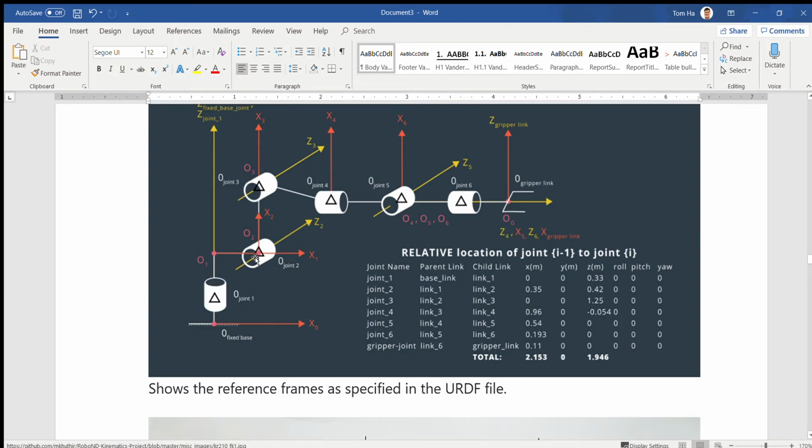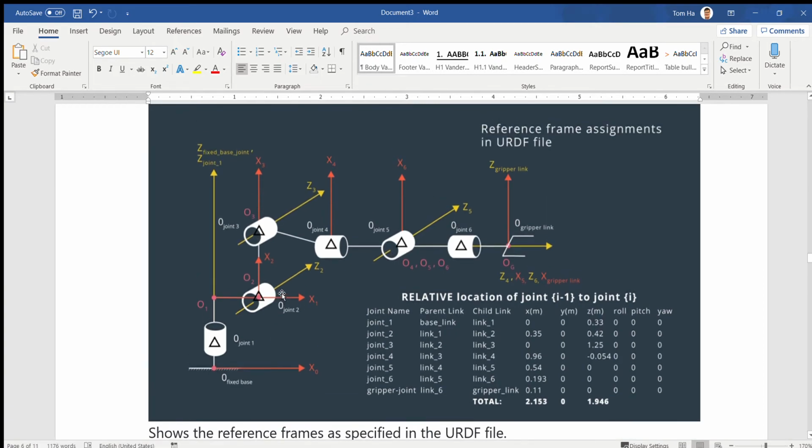Joint 1, joint 2, joint 3, joint 4, joint 5, joint 6, okay? And we put the coordinate 0, X0, Z0 right here. And you use your right hand to find the Y, but Y right now we don't care so much. We only need X0 and Z0.